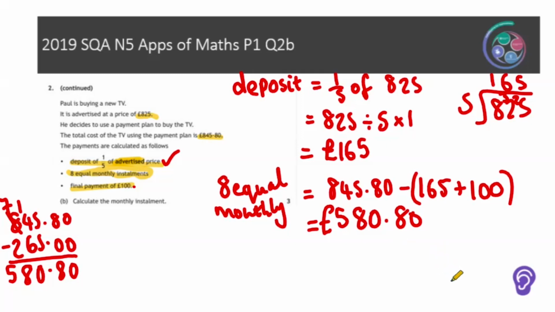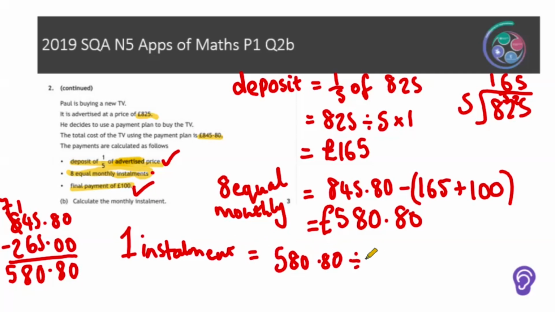So I've dealt with that final payment and the deposit. Last but not least, I want to work out what one instalment is. And to do that, I'm going to do £580.80 divided by those 8 instalments.